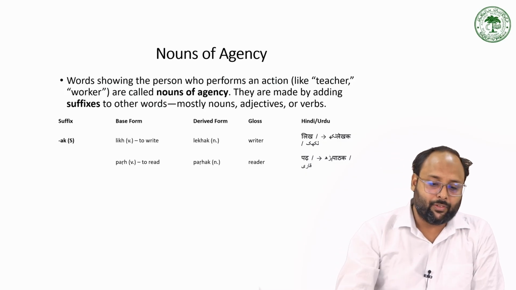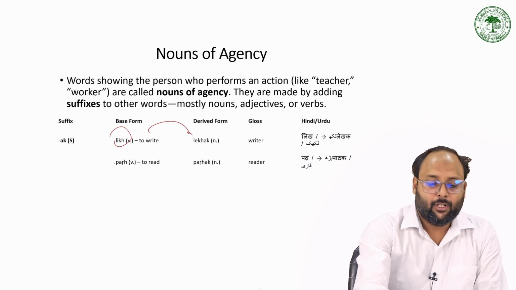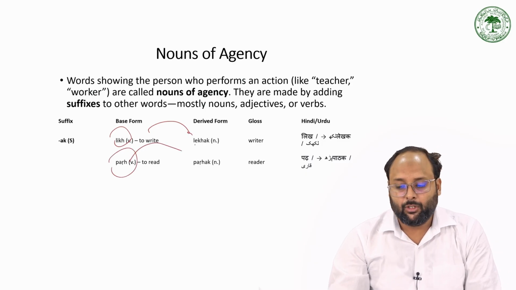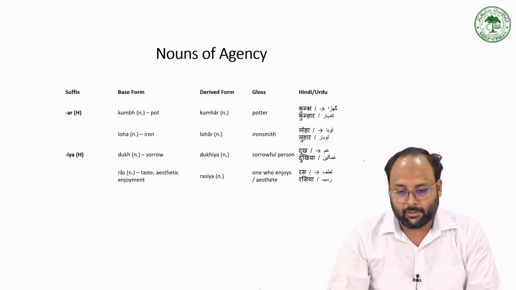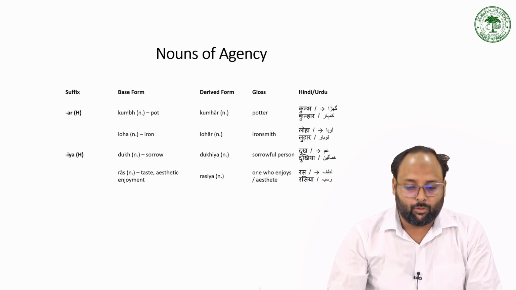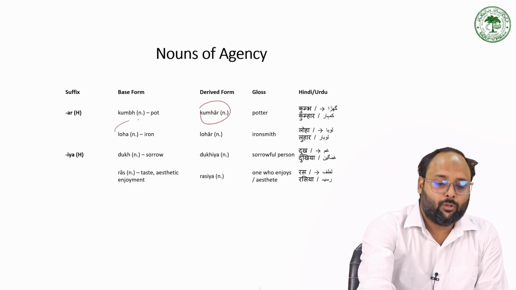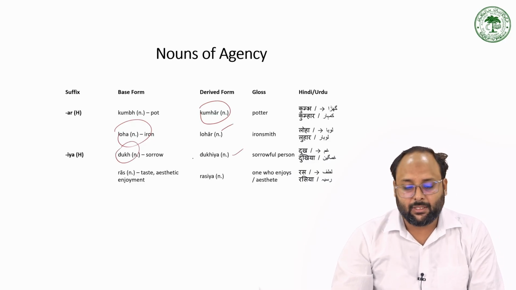That kind of noun of agency we can derive from the verb: lekh to lekhak, padh to pathak. The lekhak and pathak are nouns which have some agent quality, some doer of action quality. Lekhak is who wrote something and pathak is who read something. Other examples of agency: kumhar, loha into lohar, dukh into dukhya, and ras into rasiya.